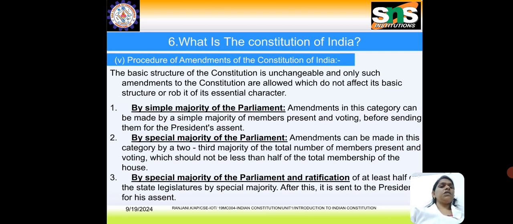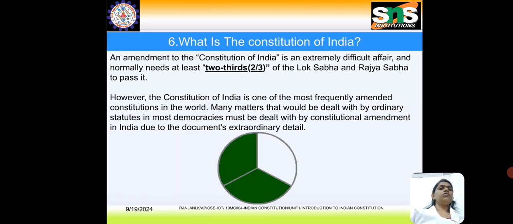Ratification by at least half of the state legislatures is also required by special majority. So that is two-thirds from both Lok Sabha and Rajya Sabha to pass it.